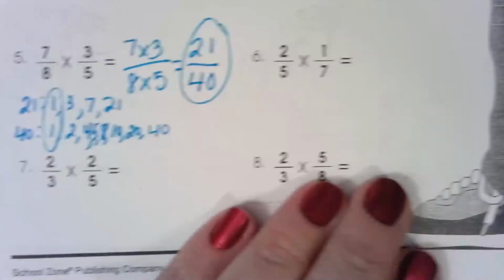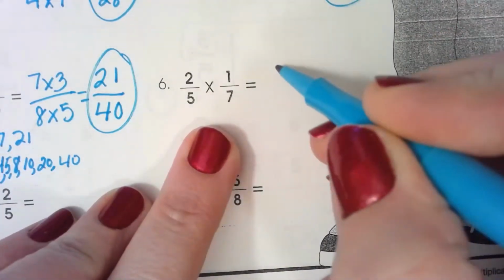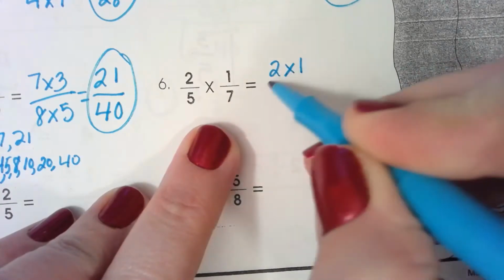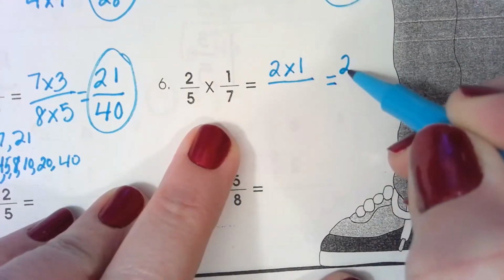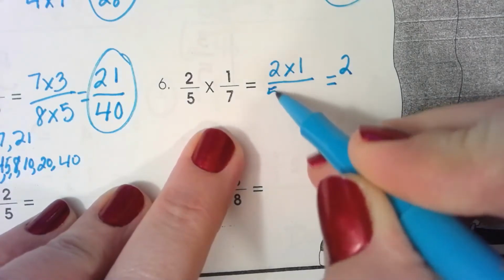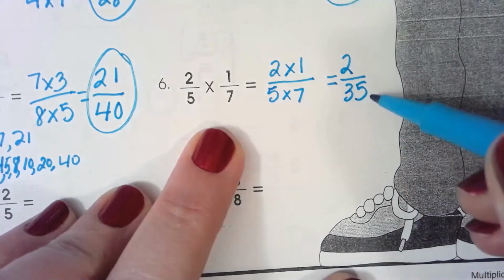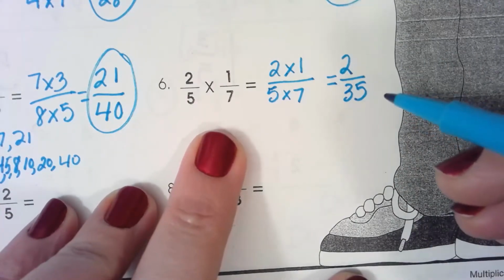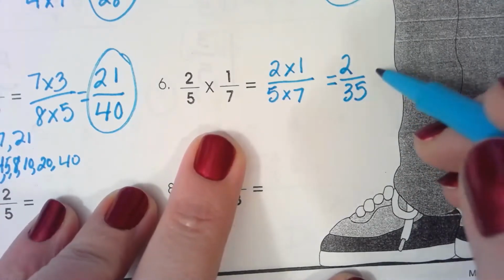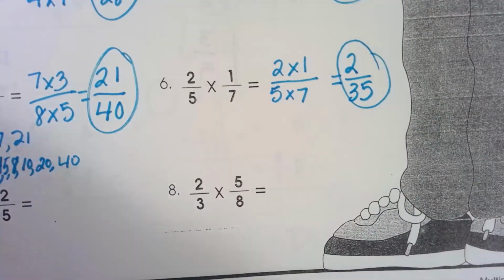Okay, let's check out the next one. 2/5 times 1/7. Well, we'd say 2 times 1, that's my numerator. That's 2. 5 times 7 is 35. Can I divide the 35 by a 2? No. So 2/35 is my simplest form.